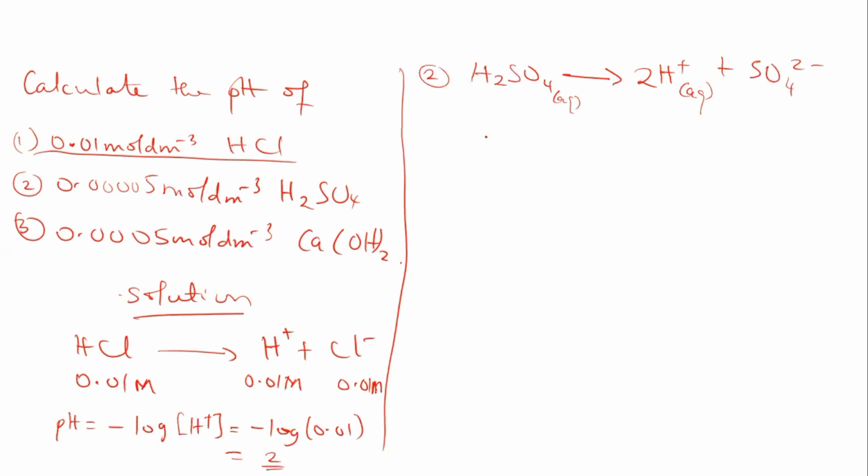So we will have pH. So if this one is 0.0005, of course, this one will be 2 times 0.0005. So that's going to give us 0.001 molar, or mole per dm cube.